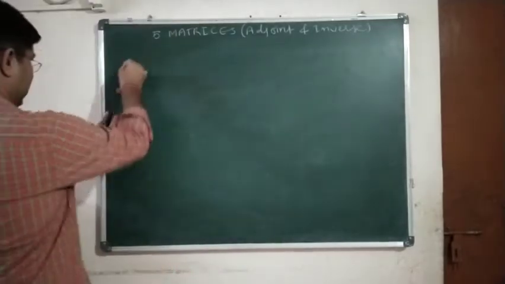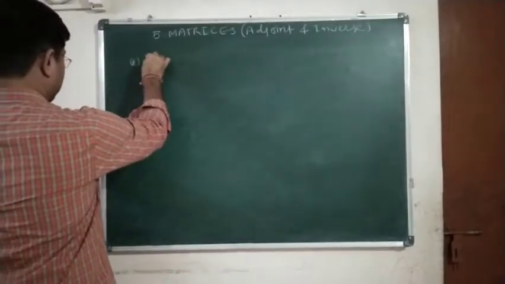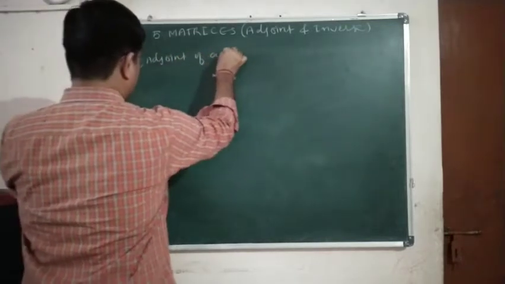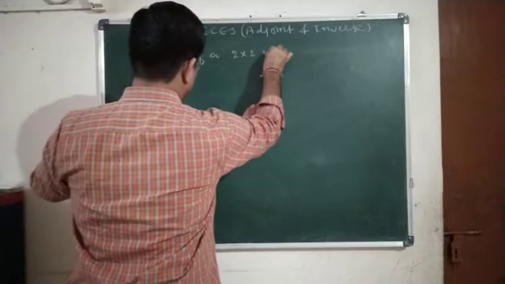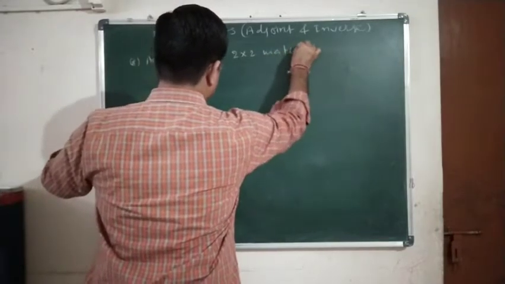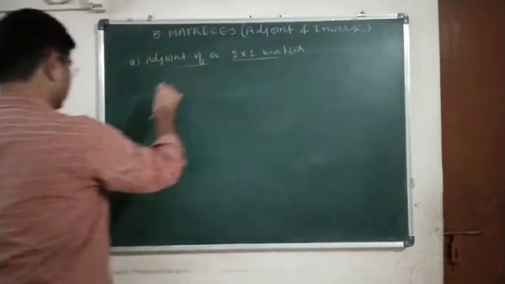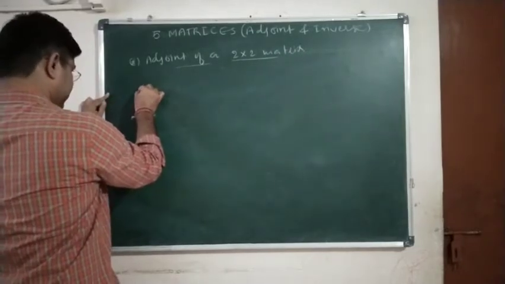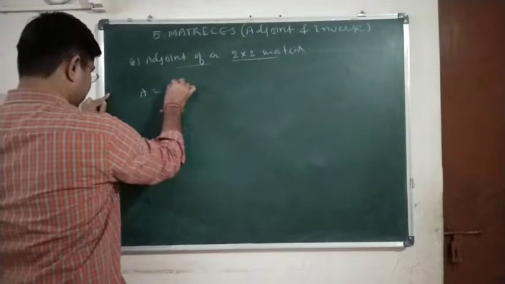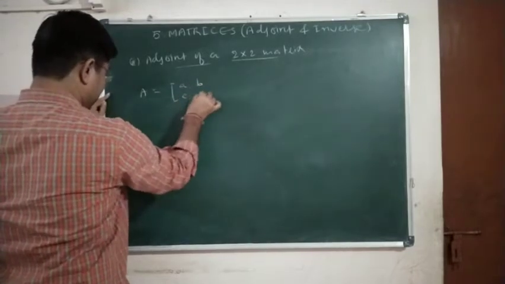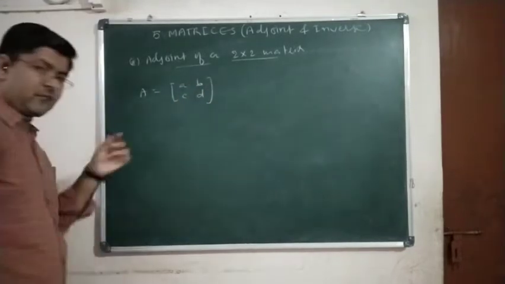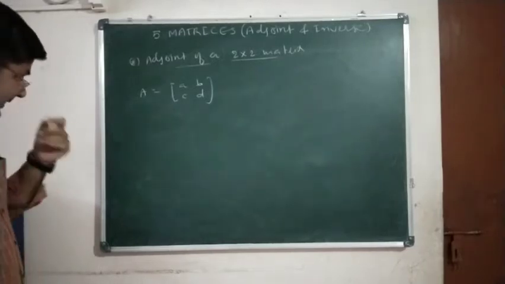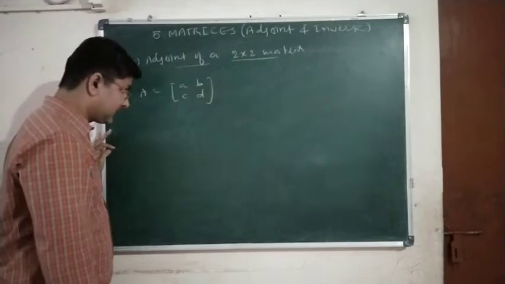Adjoint of a 2 by 2 matrix. We will take one example. Let A equal the matrix with entries a, b, c, d. Now let us find the cofactors.